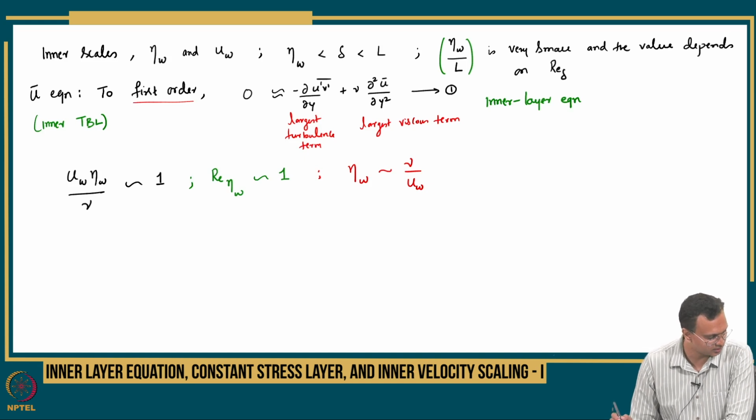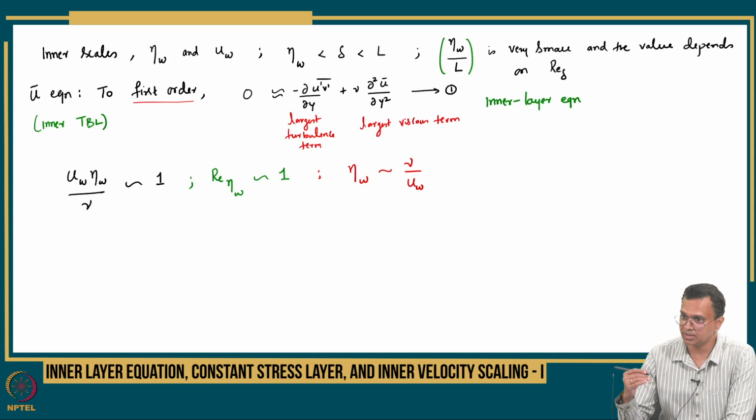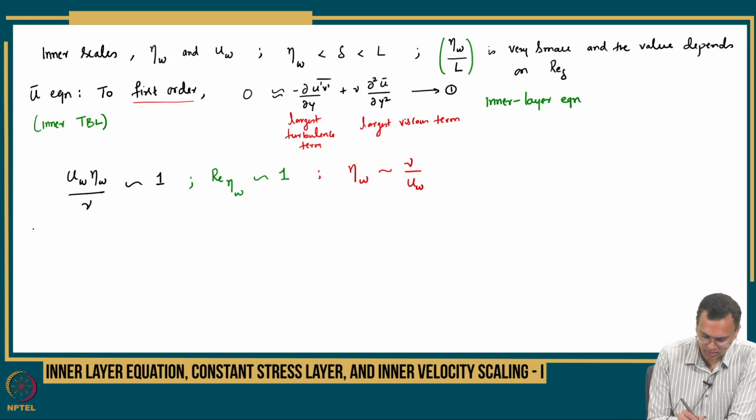So for that to be determined, we will take this equation 1 and integrate it within the turbulent boundary layer, but within the layer. We are not going all the way to the outer flow. So consider equation 1.